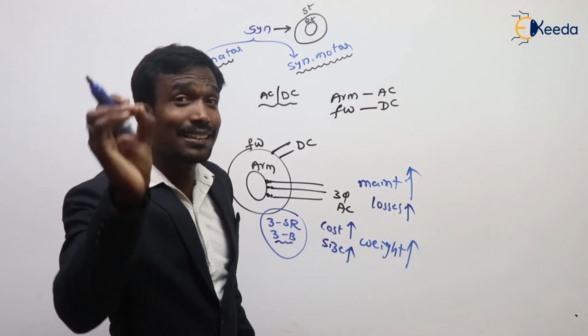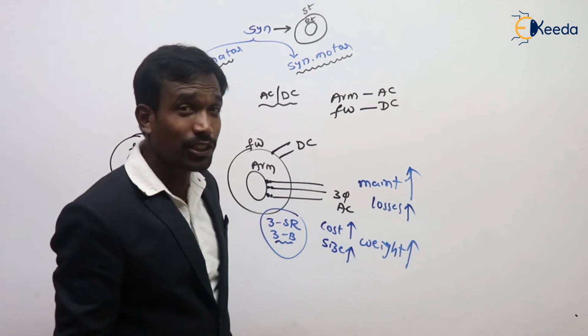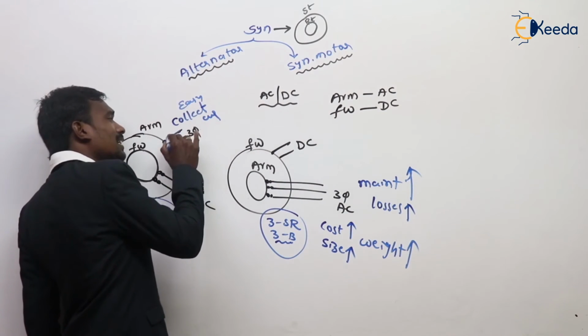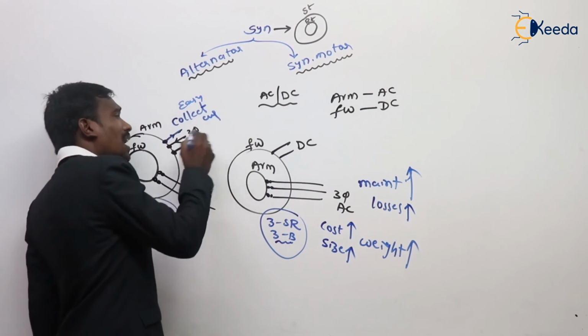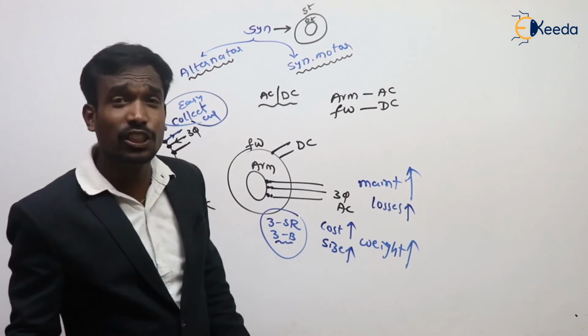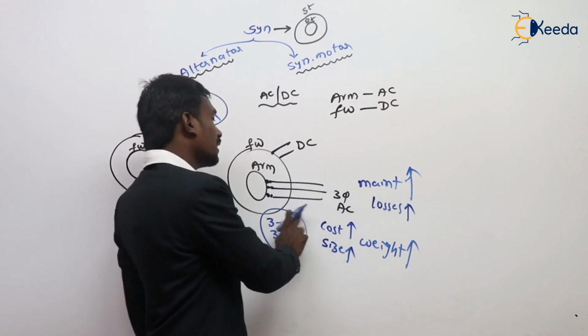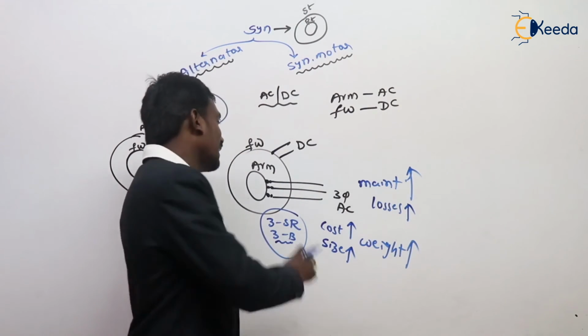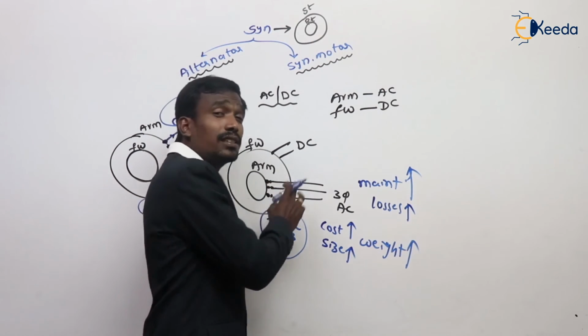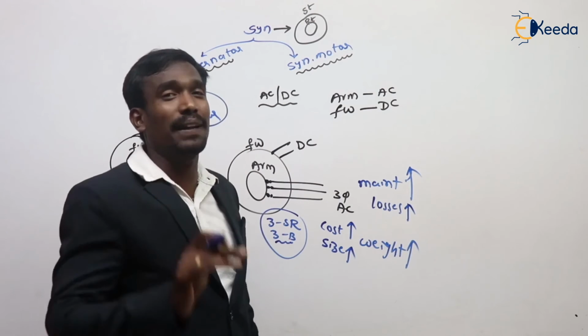In a generator, the current is generated in the armature only. So giving the generated current to the load, or taking it from the armature, is easy. But here it is difficult to collect the current, some losses will take place, and there is some disturbance due to slip rings.